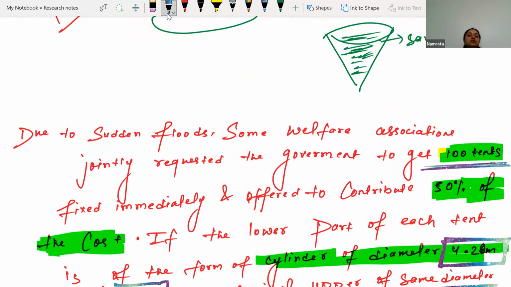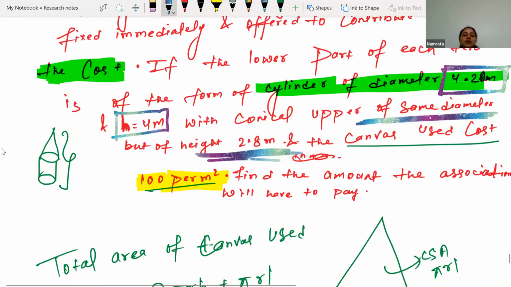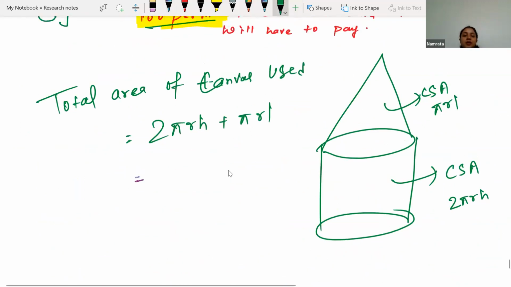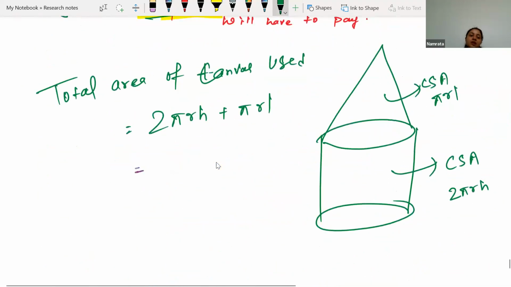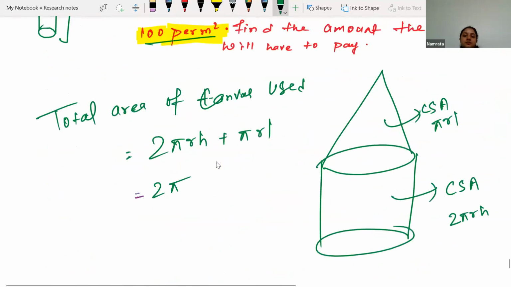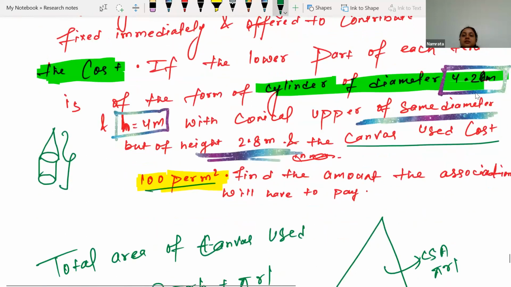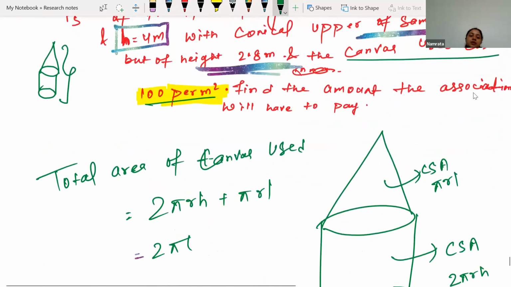So first find the area of one tent: 2 pi rh plus pi rl. Let's do it. The area of one tent will be 2 pi r, where the diameter of the cylinder is 4.2, so the radius will be 4.2 by 2. The height is 4 meter. Then pi r, the radius is the same as the cylinder, so here also 4.2 by 2.